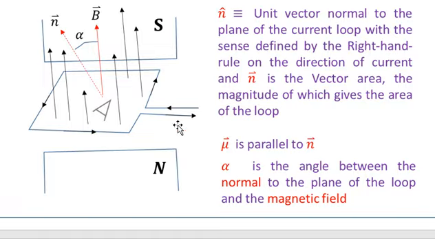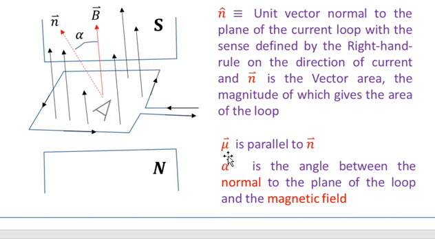So you can see that alpha has been indicated in the figure, that it is an angle between the vector n and the vector B, where vector B is the external magnetic field that we are going to apply to the atoms, and n vector is the vector which is perpendicular to the loop of the electron, or the current loop of the electron.